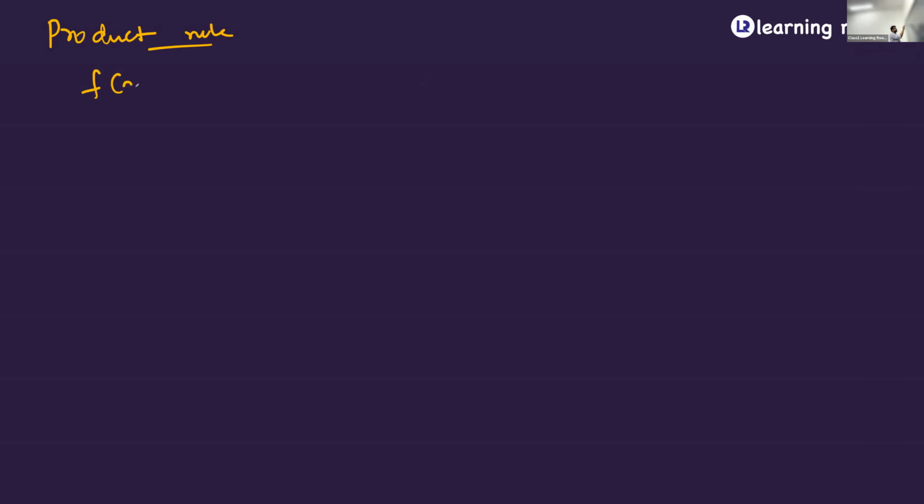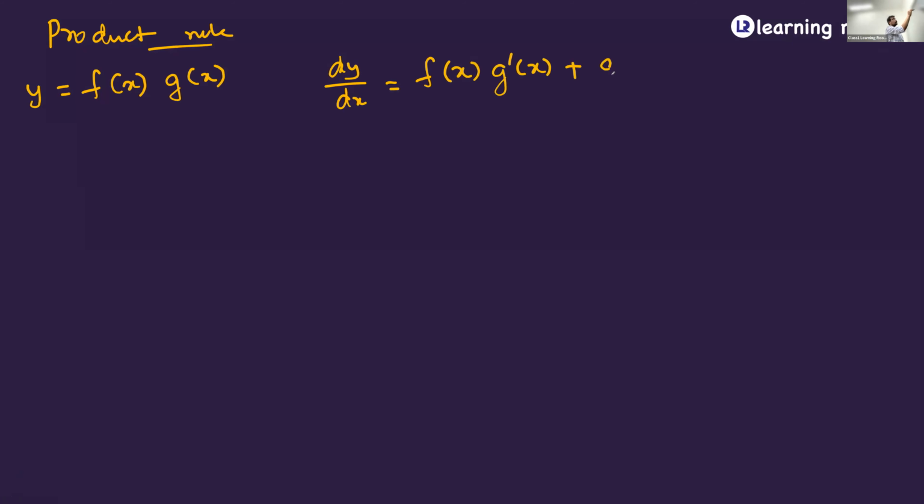If I have the functions f of x into g of x, which I'll call y, then dy by dx is going to be f of x into g dash of x plus g of x into f dash of x. So let's have another perspective on it and try to understand why this actually works this way.